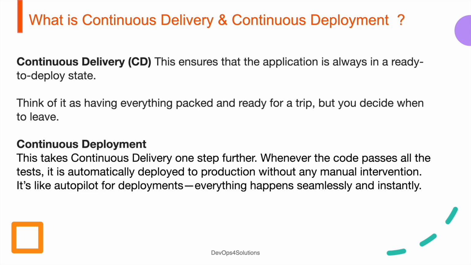As compared to continuous deployment, which means as soon as your code is pushed to the master branch and it validates all the steps, it will just deploy on production, which means the live environment which is accessible by all the end users. So in this, everything happens seamlessly and instantly.